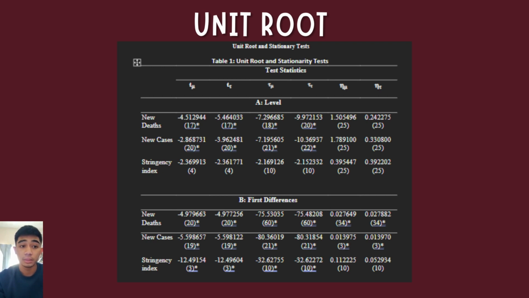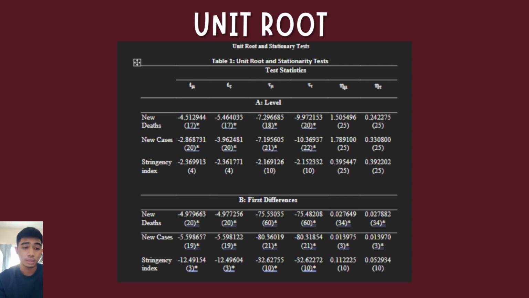For the unit root test, as we can see, for the ADF and PP tests, new death and new cases at level, we reject the null hypothesis, meaning that the data are stationary and significant at 5%, which is no unit root, while the stringency index is only stationary and significant at 5% at first difference.